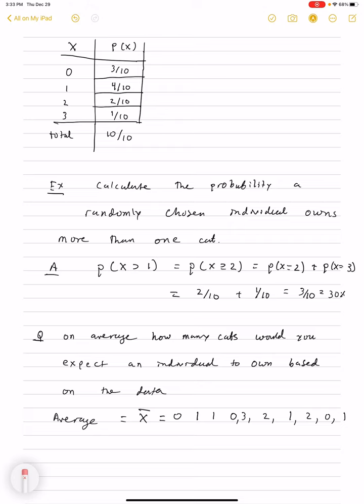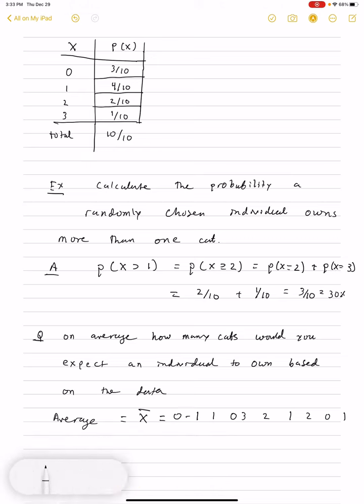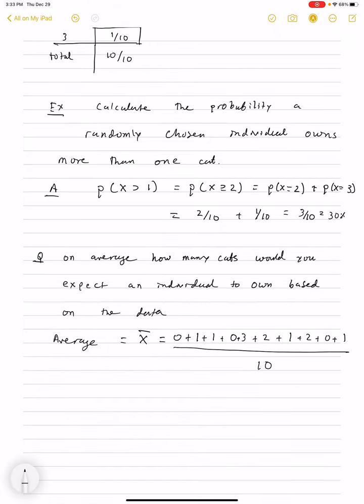So instead of these commas, I'm just going to put addition symbols. So that's adding up all the data. Then I need to divide by the total number. Well, that's 10. Let me rewrite this.